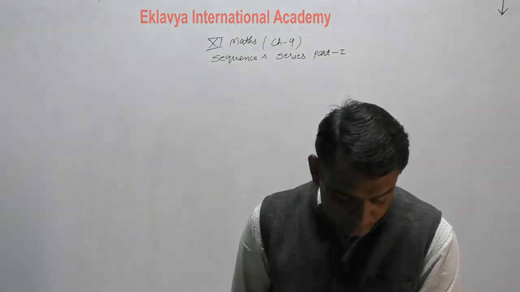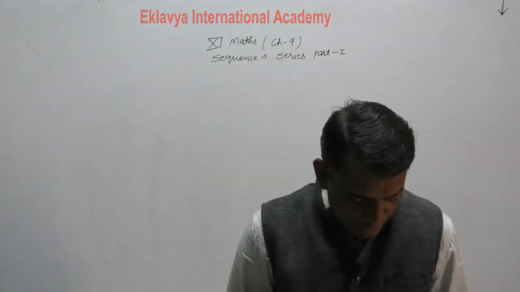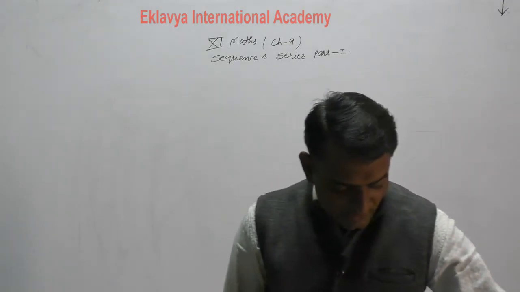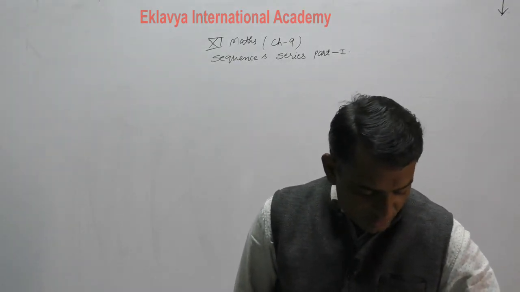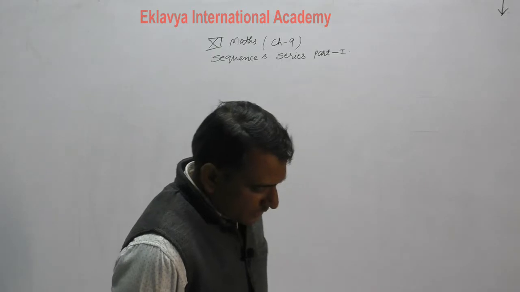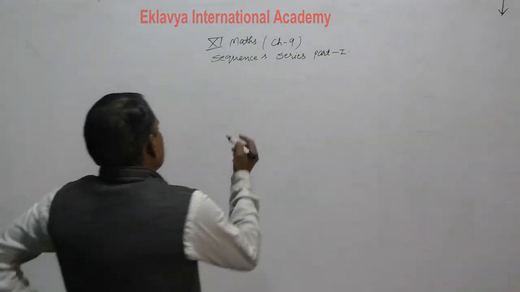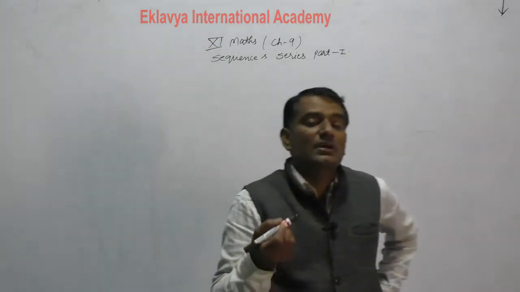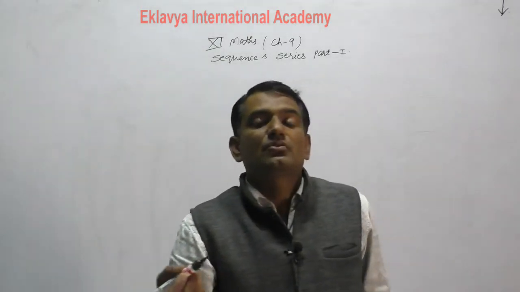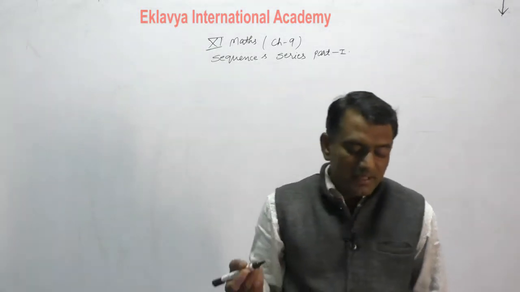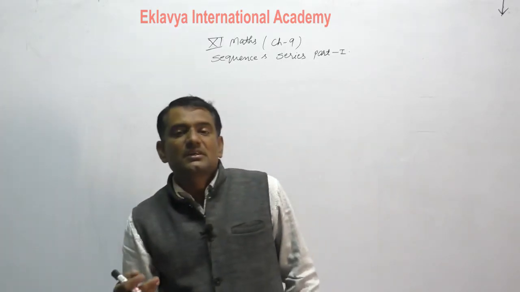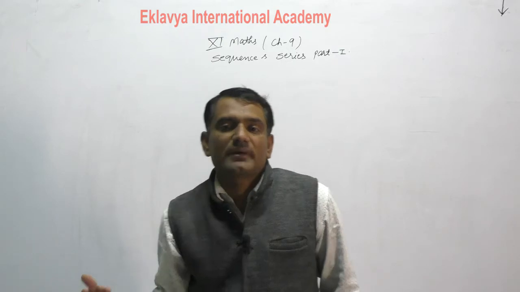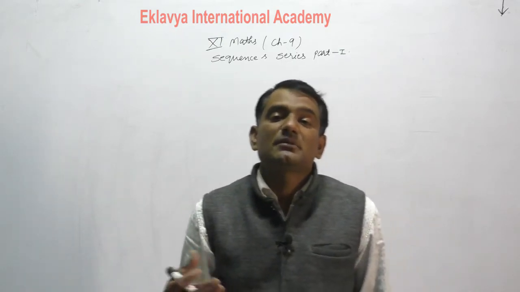Now we will discuss some sequences. If a sequence is given and it has a particular difference between terms, then we will identify whether this difference is followed by all the terms or only some of the terms.